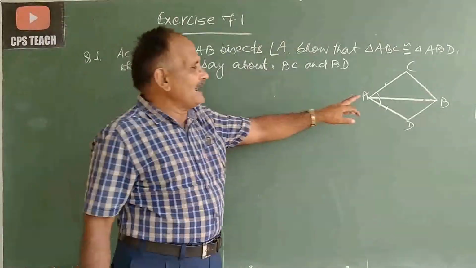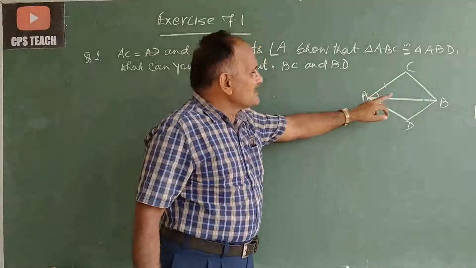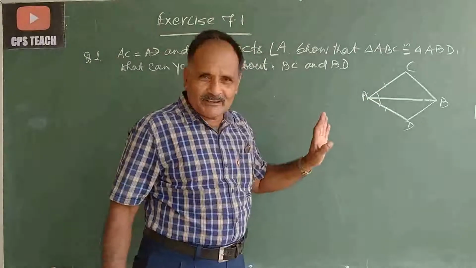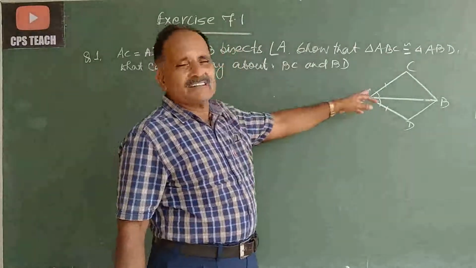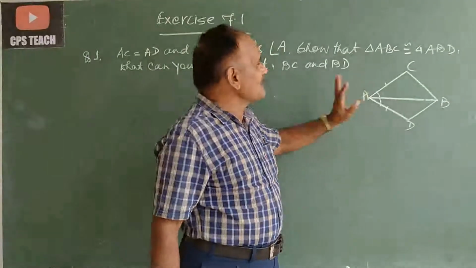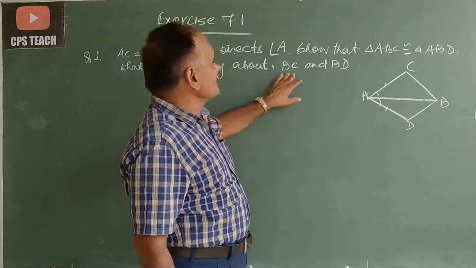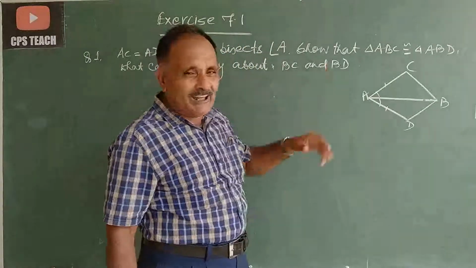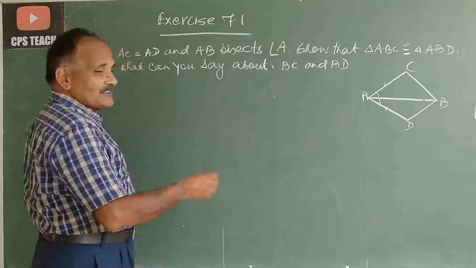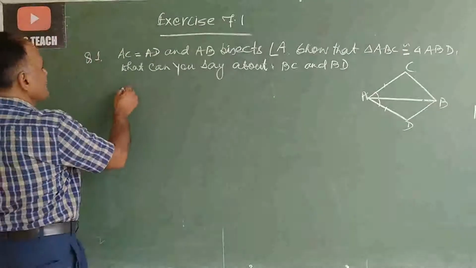It means first we have to prove these two triangles are congruent, and when these two triangles become congruent, then easily by CPCT we can say that BC and BD both are the same. So I am going to start.